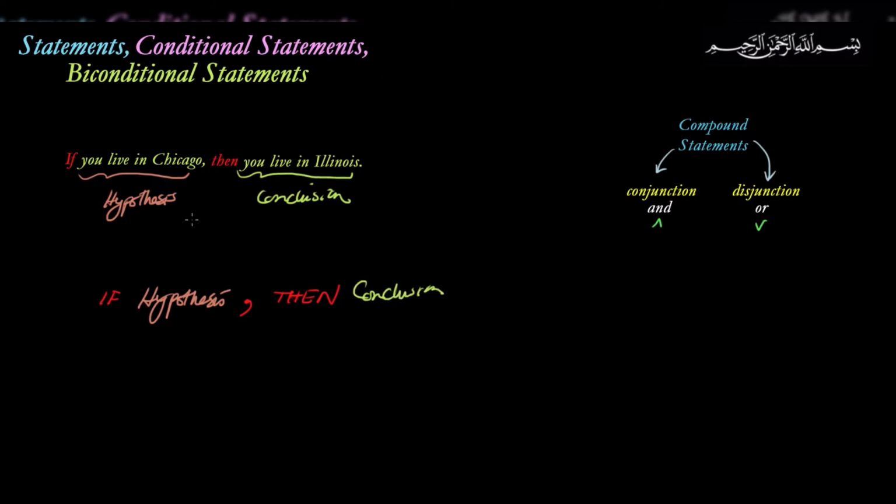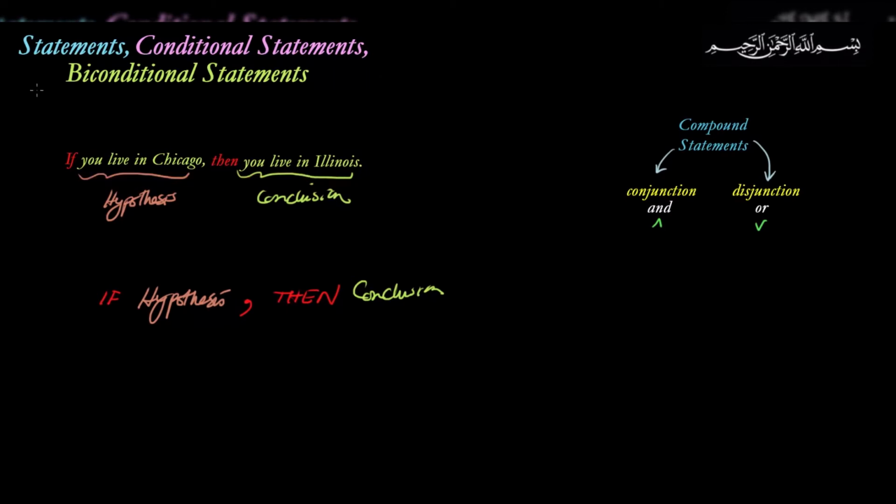That is the structure of a conditional statement. The reason it's called a conditional statement is that there's a condition being applied. The condition for you to live in Illinois is that you have to be in Chicago. If this condition applies, then this conclusion applies.